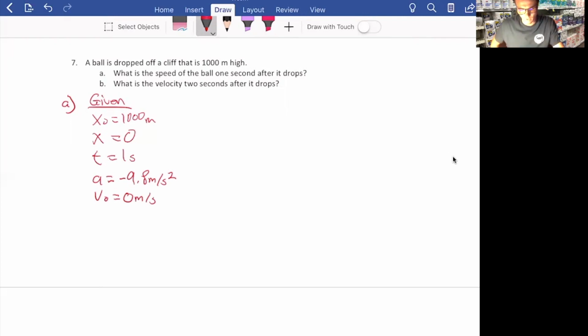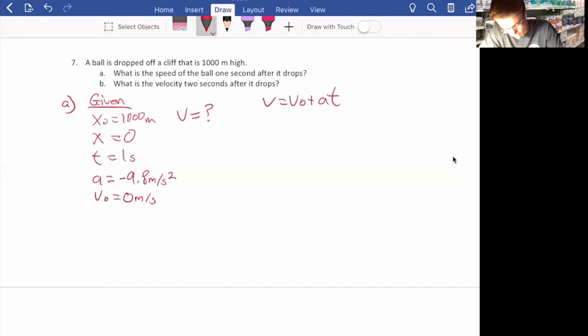All right, what do we want? We want the speed. We can find the speed by using the final velocity. So what is the final velocity after 1 second? A real simple equation we can use here: v equals v naught plus acceleration times time.